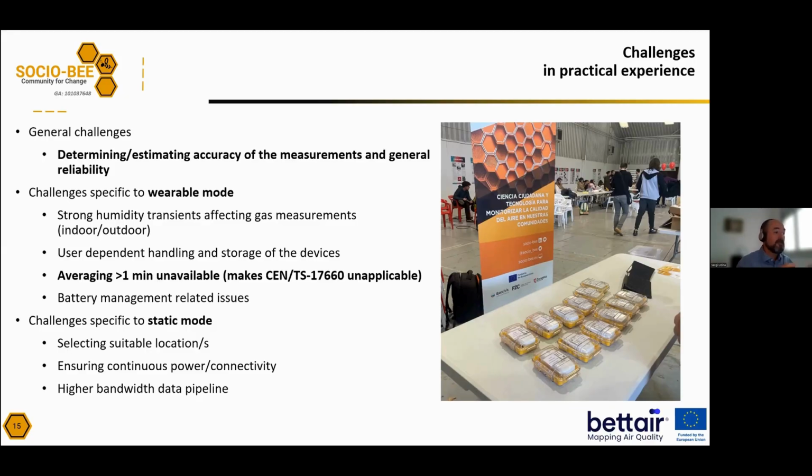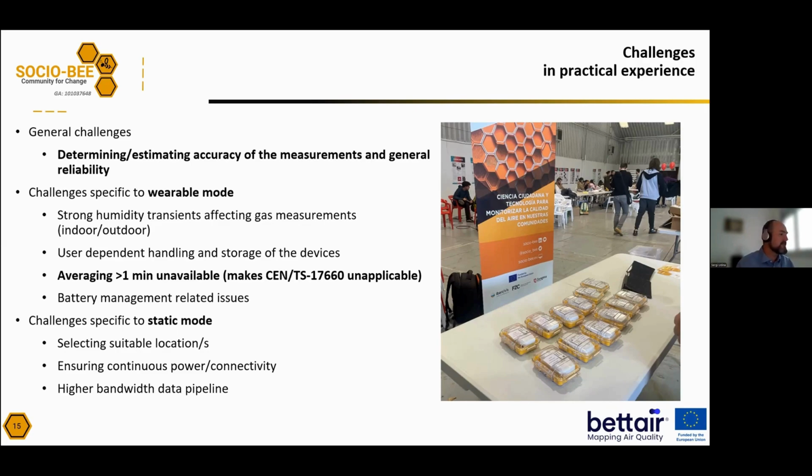Then there are also battery management related issues. The system is powered by a battery, and whether it's charging or discharging, it can introduce additional risks because of the sensitivity of the gas sensors, especially to the temperature of the device, which changes depending on this. So there's an additional challenge.